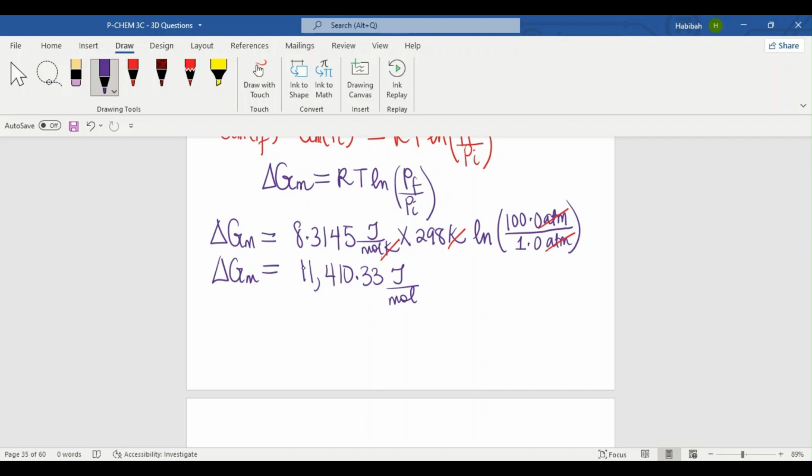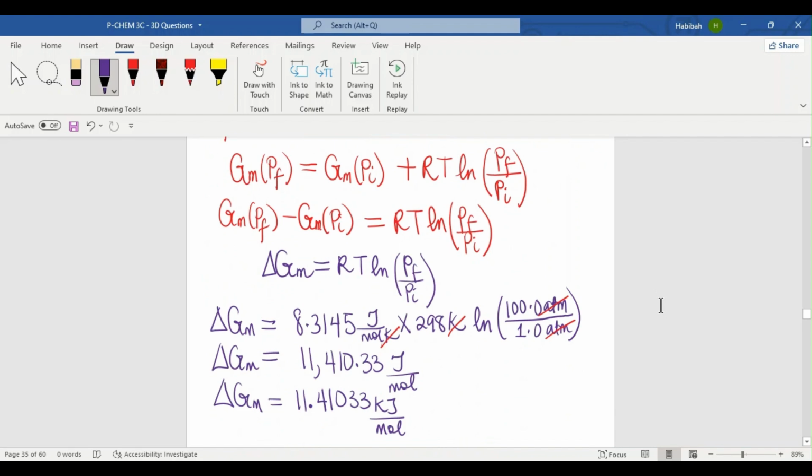But when dealing with Gibbs energy, as well as enthalpy, values are usually written in kilojoules per mole. So we convert this to kilojoules per mole, and the change in molar Gibbs energy is 11.41033 kilojoule per mole.